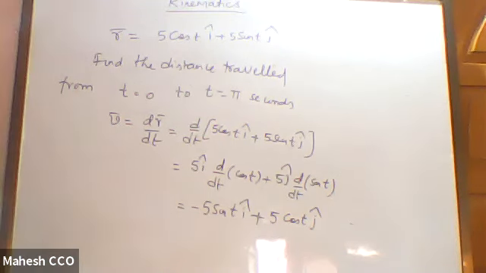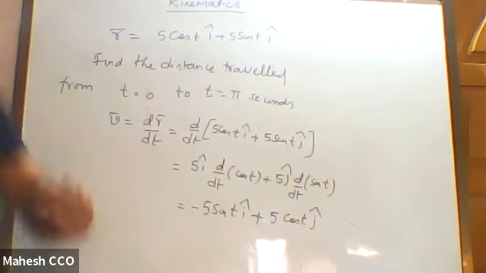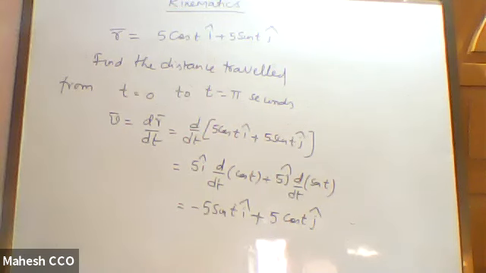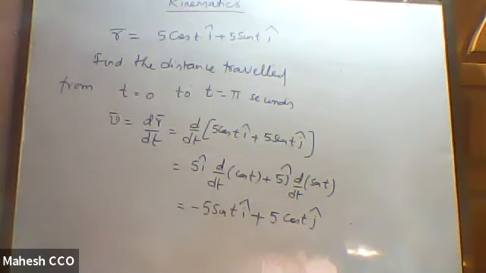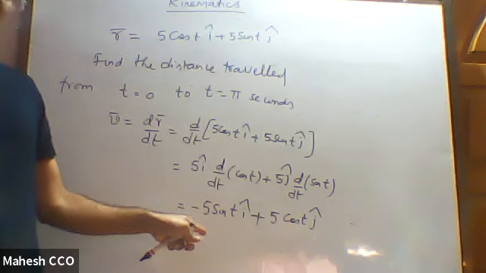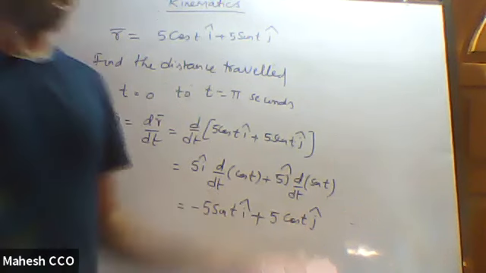Now remember one thing, instantaneous speed is always the magnitude of instantaneous velocity. Instantaneous speed is definitely the magnitude of instantaneous velocity. I will prove this a little later, because if I do it now you may get confused. Here I will just give it as a point. Those of you who want to make a note can make a note. So the velocity is minus 5 sin t i cap plus 5 cos t j cap.